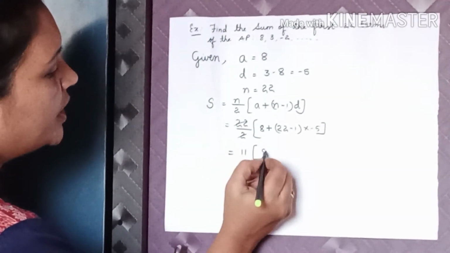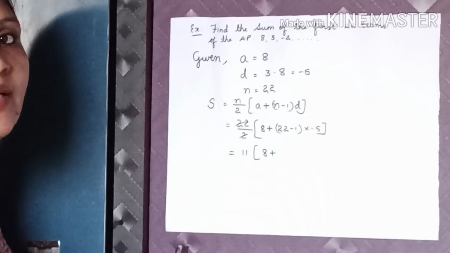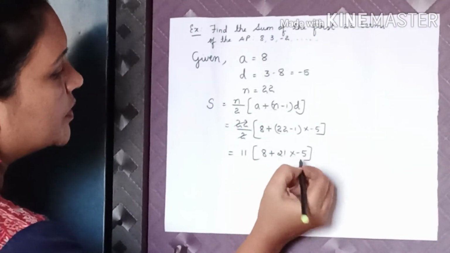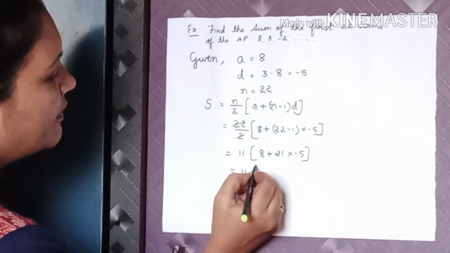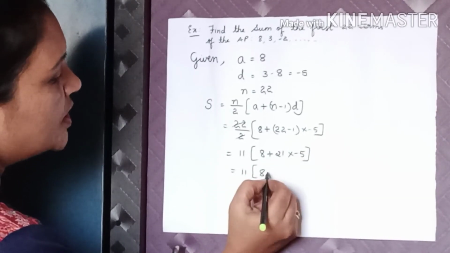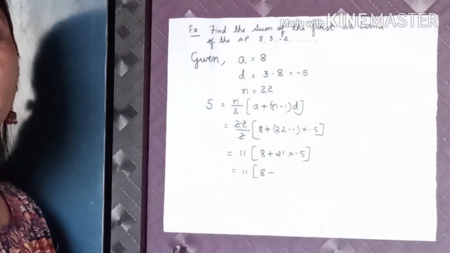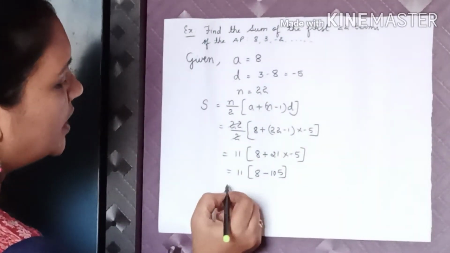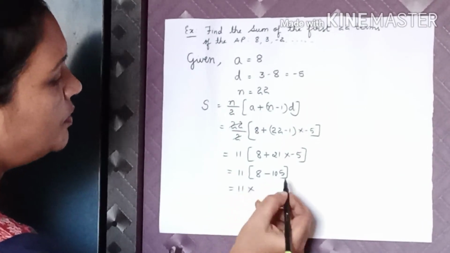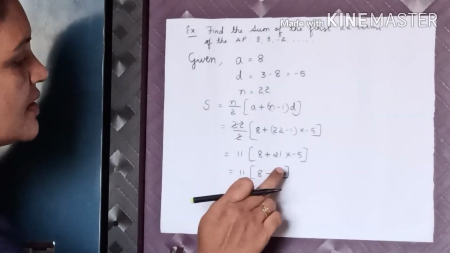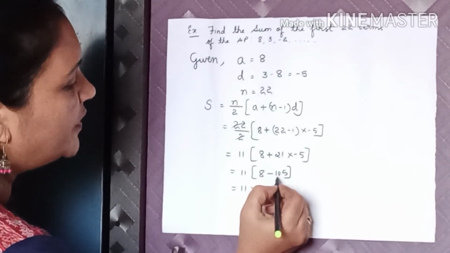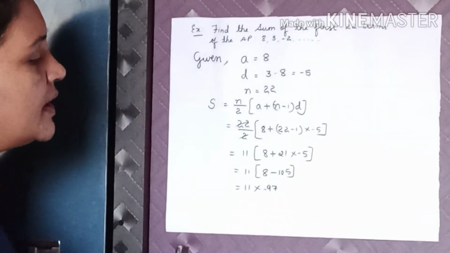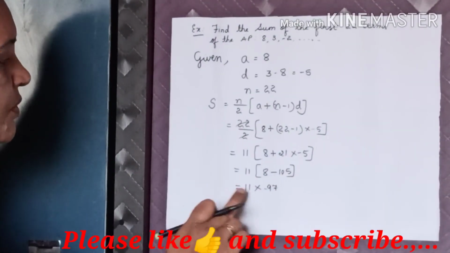So 11 into (8 plus 21 into minus 5). That is 5 ones are 5, 5 twos are 10, so 11 into (8 minus 105). Then 105 minus 8 is 97, so minus 97 into 11.